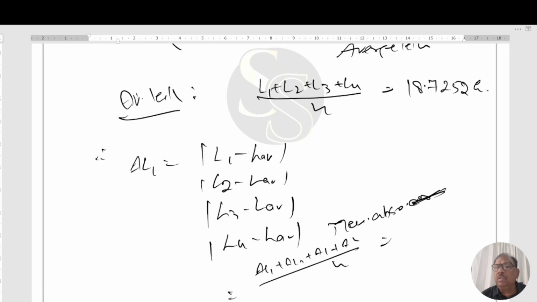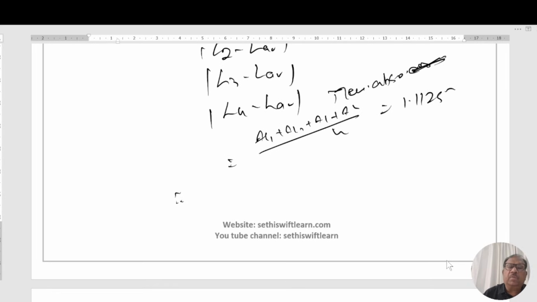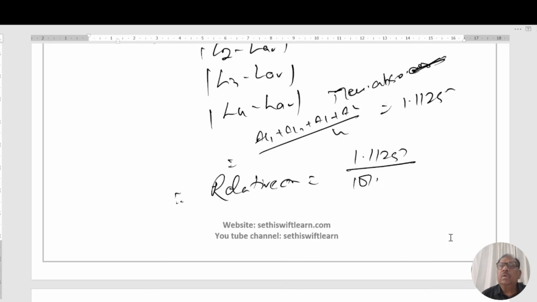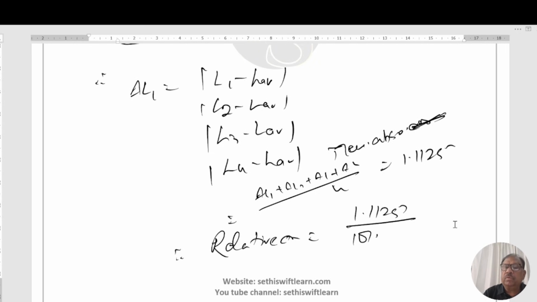On simplification this comes out to be 1.1125. Our purpose is to find the relative error, which will be 1.1125 divided by 18.7252.